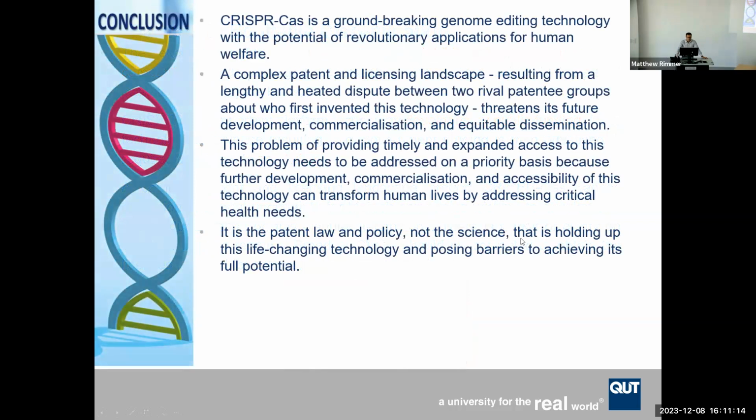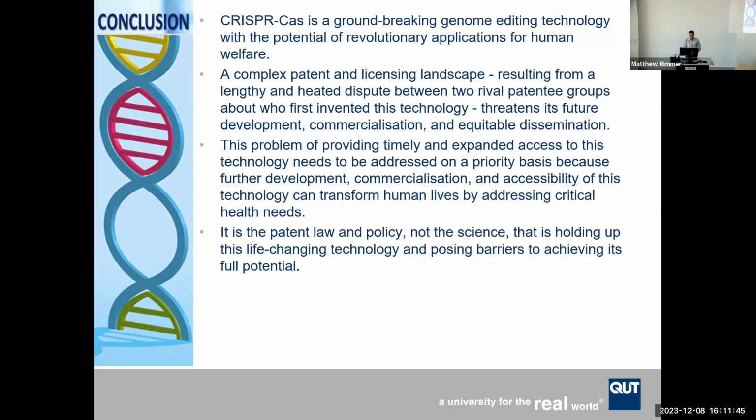Now, as I said, the technology itself has the amazing potential to revolutionize public health, but a complex patent and licensing landscape resulting from a lengthy and heated dispute between two rival patentee groups about who first invented this technology threatens its future development, commercialization, and equitable dissemination.